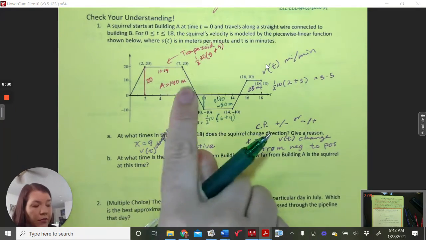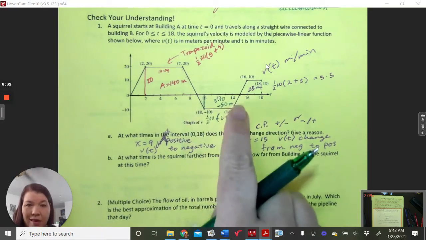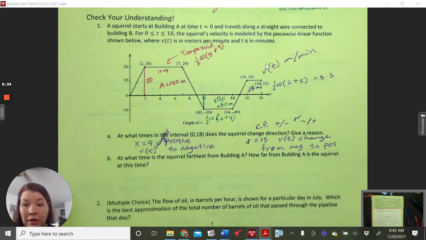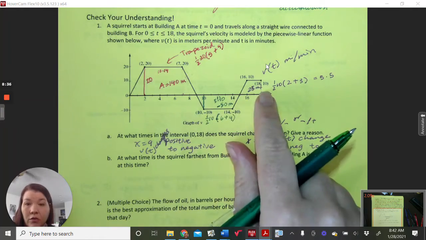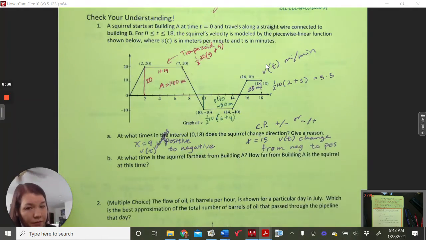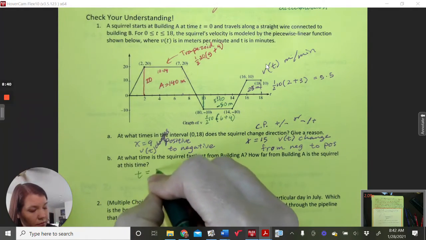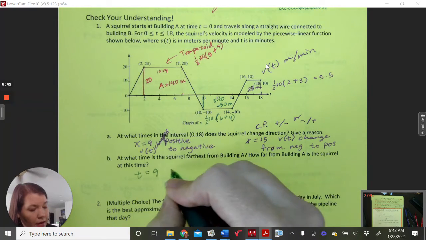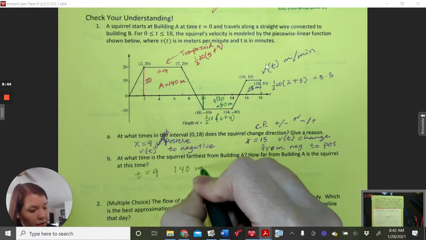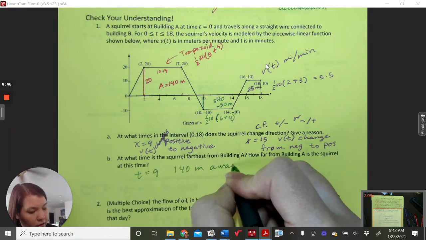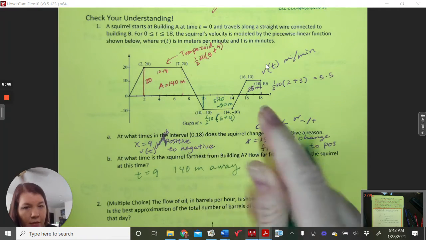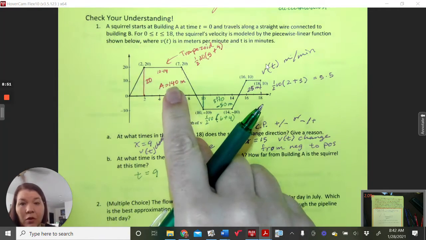So he's traveled 140 meters in 9 minutes. Then he goes backwards, and now he's only 90 meters away. Then he goes forwards. So I'm going to say time t equals 9. He's 140 meters away. Because the rest of this is going to take away from that, make it 90 meters away.